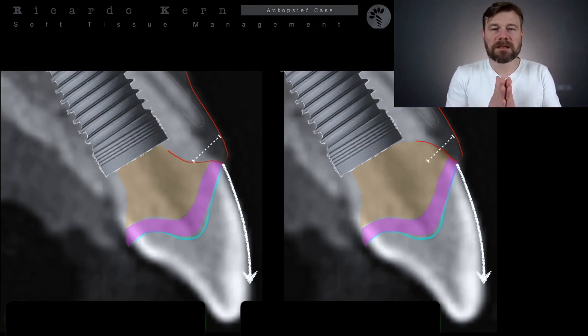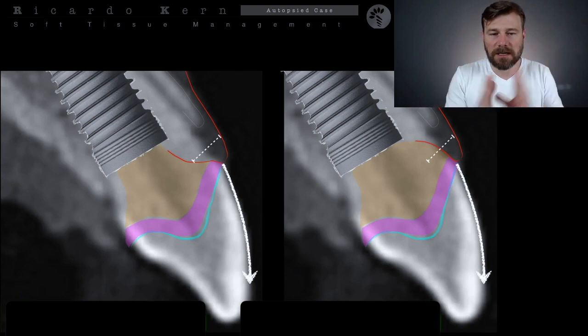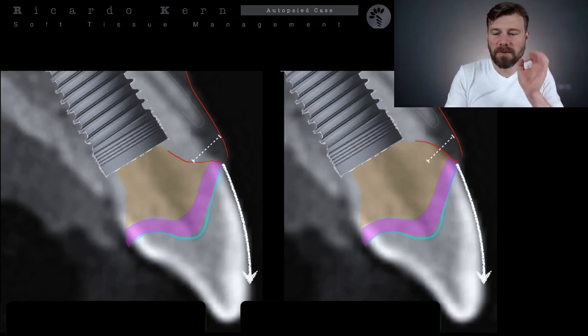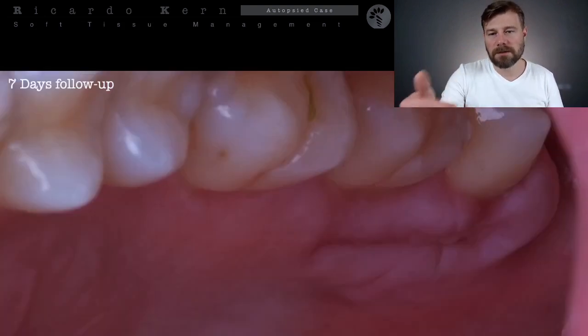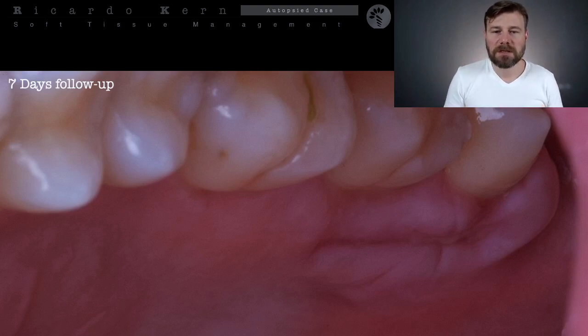This is a completely new story. We can talk a lot about this subject here. It's another 1 hour talk that we're going to do in the proper moment. But every time that we can, we're going to shape a concave emergence profile, letting the tissue be shaped and mature in place.